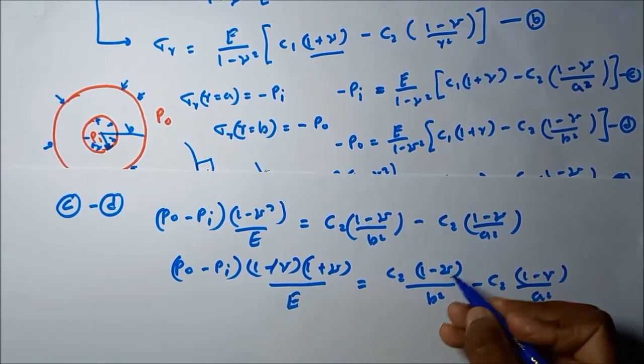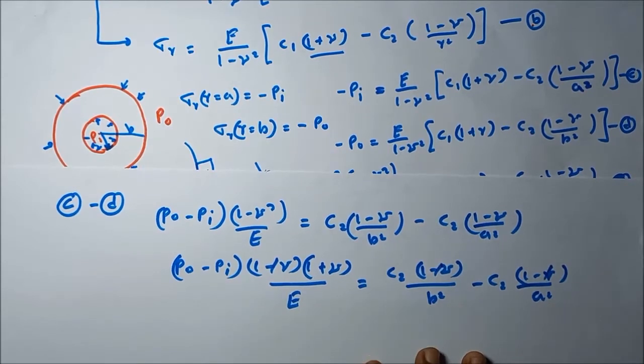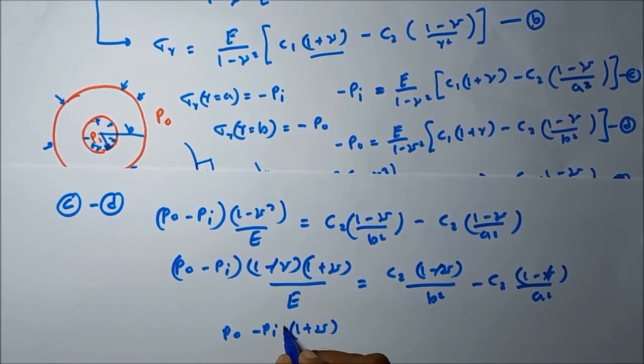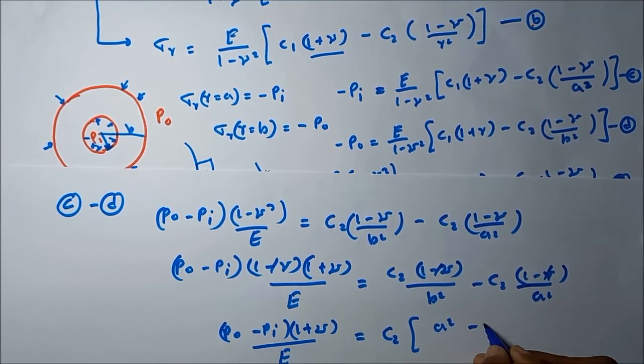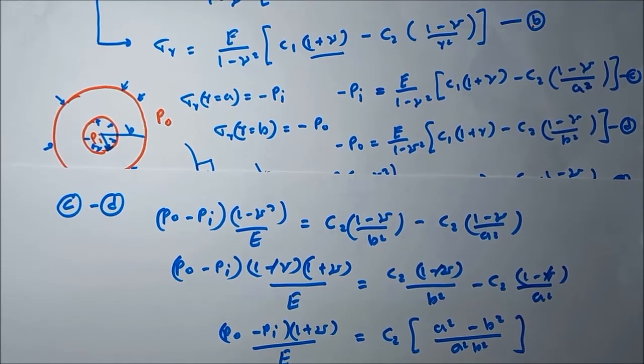So then we can cut this one. Finally we are remaining (P naught minus the Pi)(1 plus nu) divided by E is equal, by taking the C2 out, to (a square minus b square) divided by a square b square.